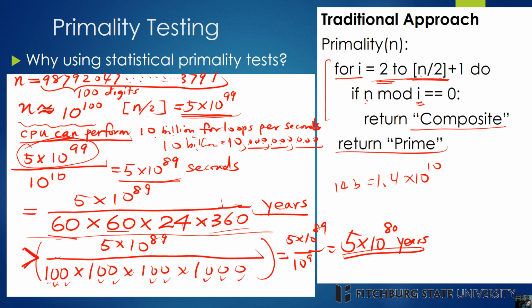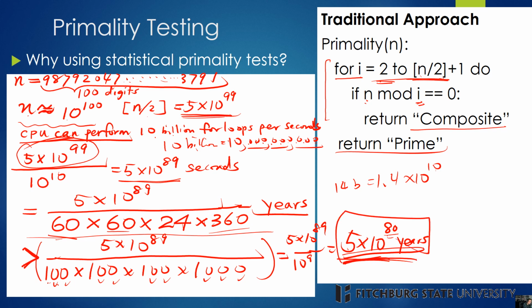That's 14 billion. Now that algorithm requires more than 5 times 10 to the 80 years, much bigger than 10 to the 10. So basically it's an impossible job, because to test whether n is a prime number, we need more than that many years.